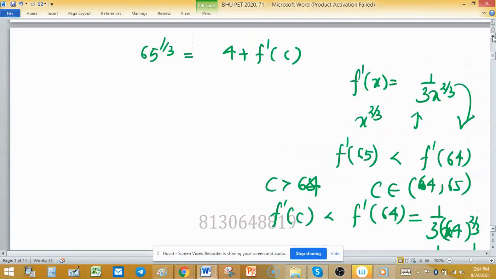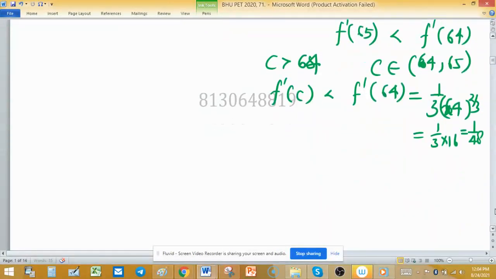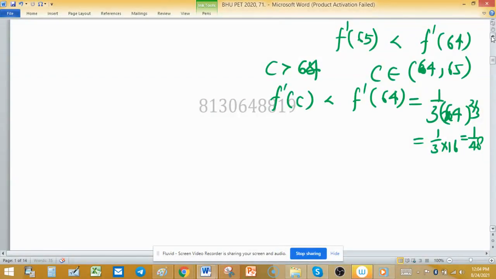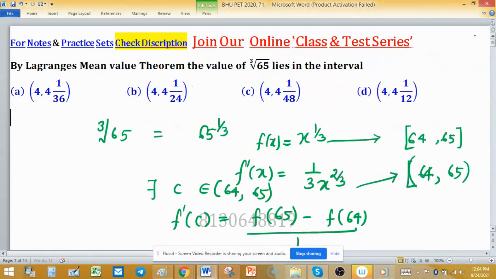So from this equation I can write 4 is less than f dash c is less than 1 upon 48, so 65 raised to the power 1 upon 3 is less than 4 and 1 upon 48, which comes in option C. So option C will be the right choice.